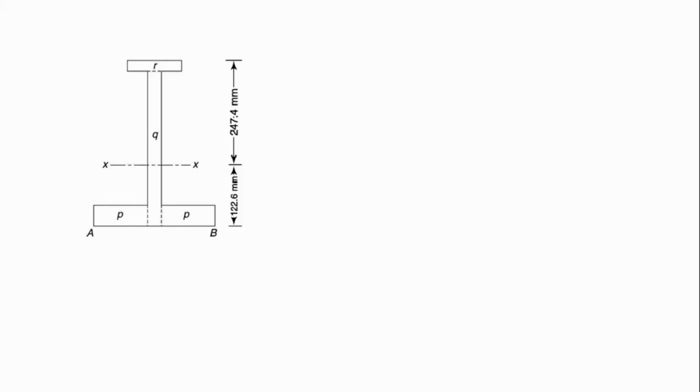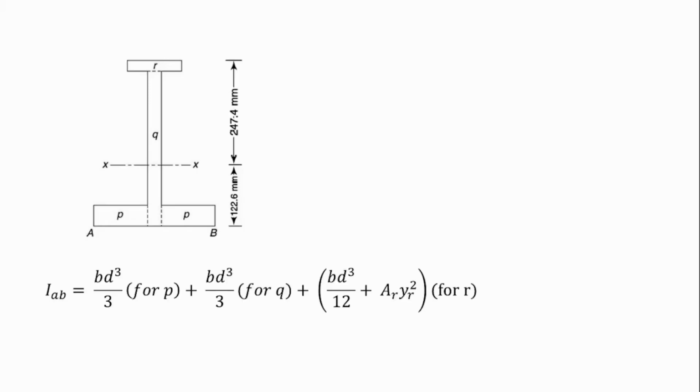So IAB, which is the moment of inertia along the AB axis, will be divided into 3 parts since we have 3 sections already, P, Q, and R. So for P, it will be BD cubed over 3. These are standards. For Q, it will be BD cubed over 3. But for R, since R is not touching the AB axis, we're going to do a little adjustment.